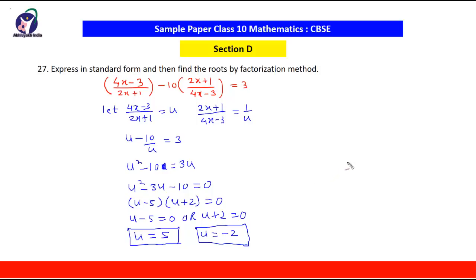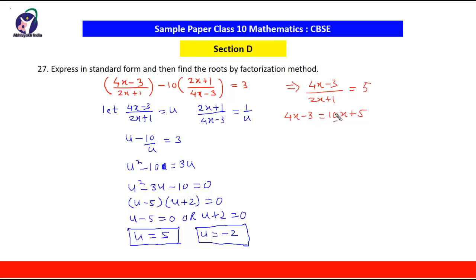Now we will proceed further. Here u is equal to what? u is (4x minus 3) upon (2x plus 1). u is equal to 5, it means this is equal to 5. So therefore (4x minus 3) upon (2x plus 1) is equal to 5. Cross multiply, and so you will get 4x minus 3 is equal to 10x plus 5.